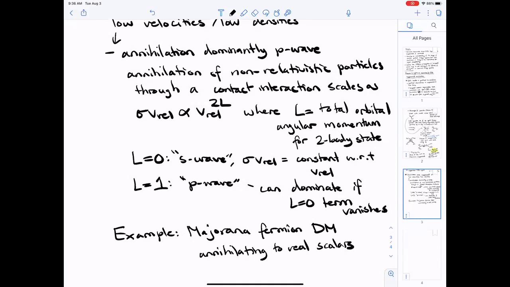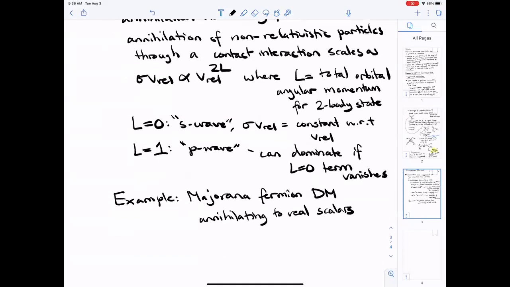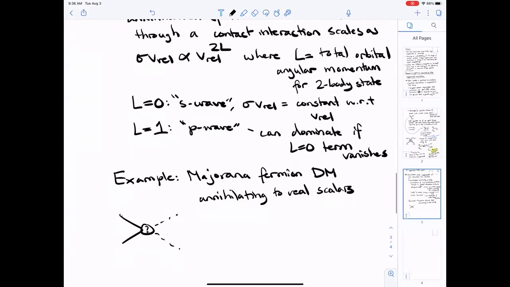The CP properties of the state of Majorana fermions annihilating here is that the two-body Majorana fermion state has CP of -1 times -1 to the L, where L is its orbital angular momentum quantum number. So if I have two Majorana fermions, something happens, two real scalars come out.